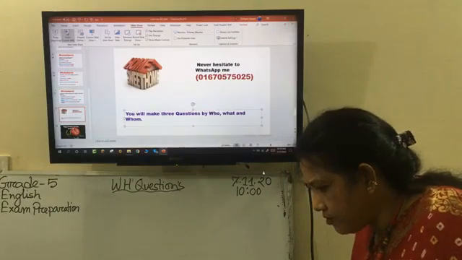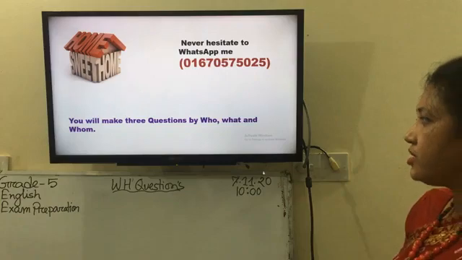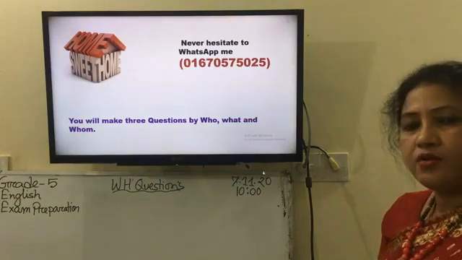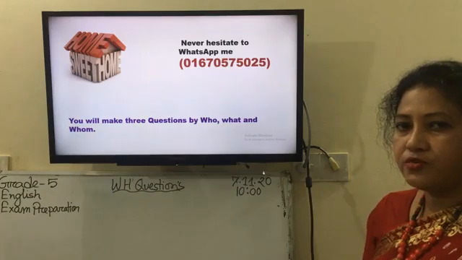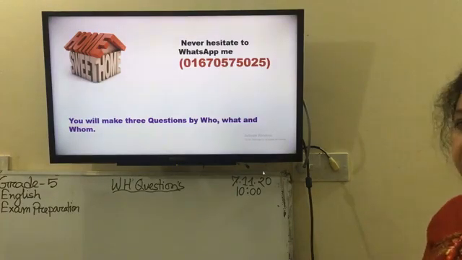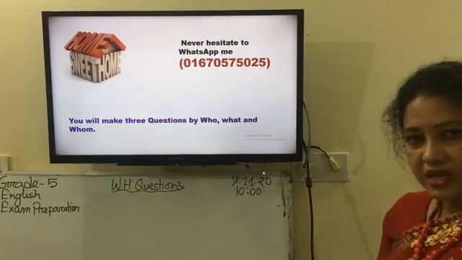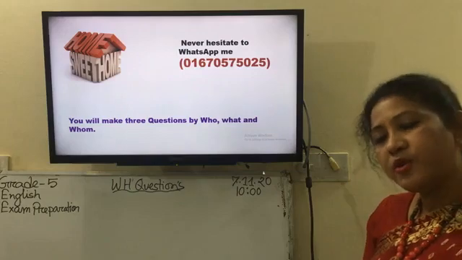You have to write down three sentences by using questions of who, what, and whom. Is it clear to you? I hope so. You have understood clearly. So you can make these sentences from your textbook.